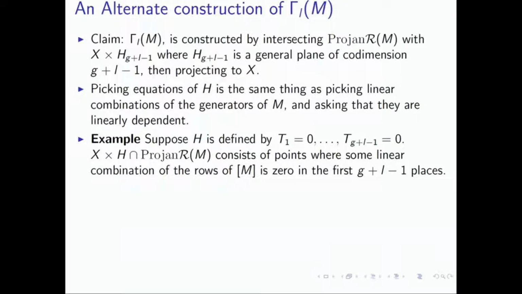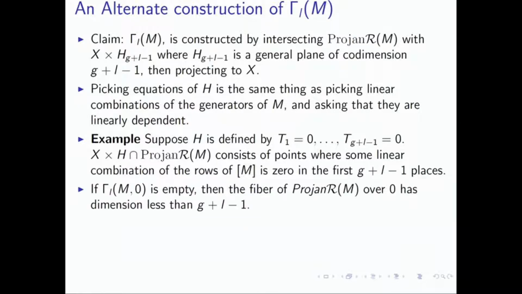Well, that's going to be points where some linear combination of the rows of M is 0 in the first g plus l minus 1 places. That's because these are 0. If I have a point of this intersection, these have to be 0. So those linear combinations have to be 0 in those places. Well, that's exactly a point that projects to a point in the polar curve.